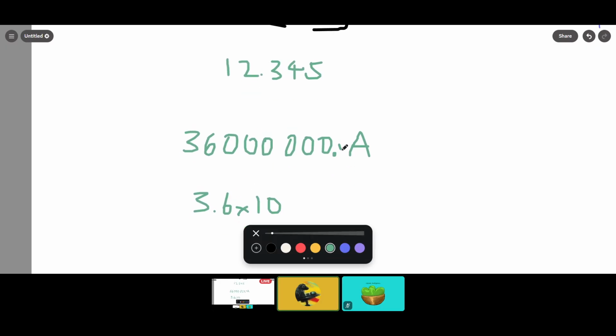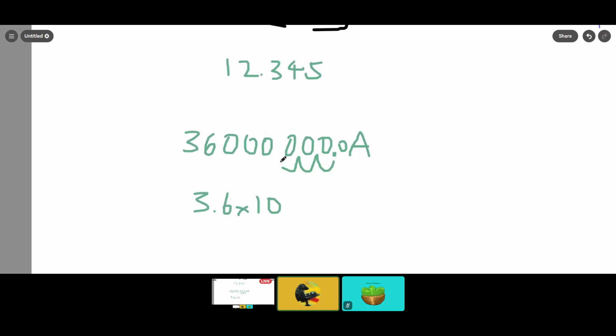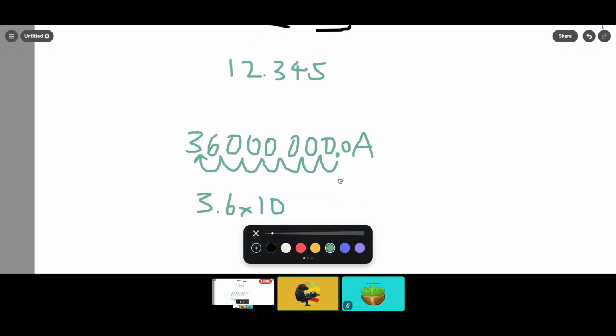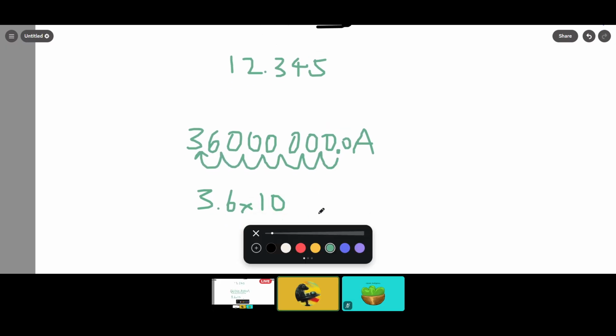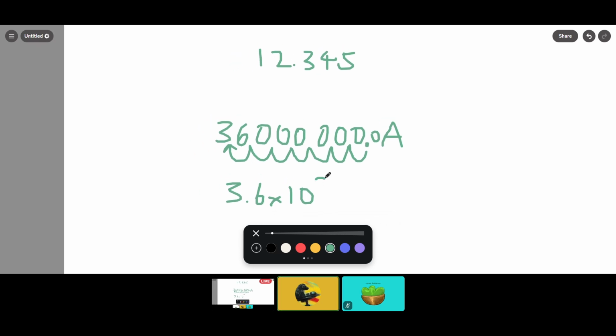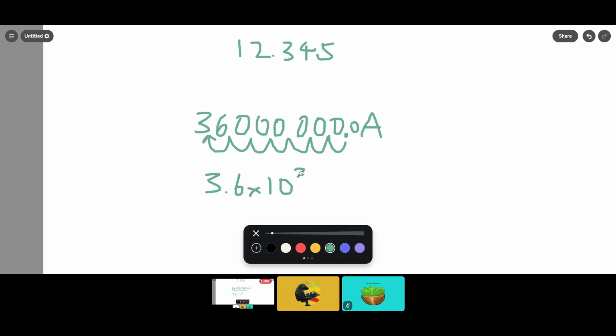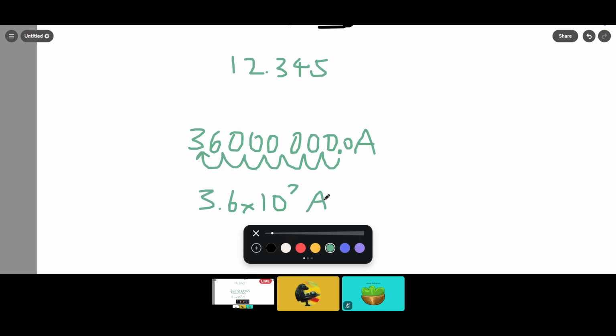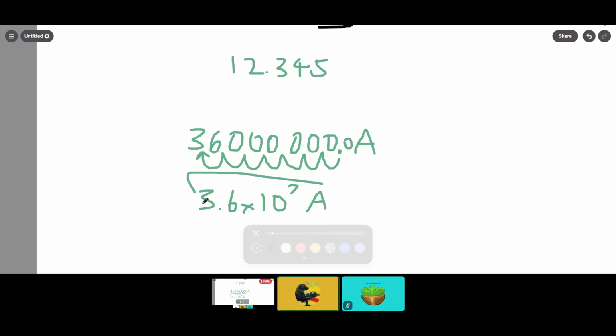The decimal is here, and I'm bringing the decimal up to this point. To put it in standard form, we count how many times it moves, which is 1 2 3 4 5 6 7. So the magnitude will be 7. So this is representing 36000000 amps, but in smaller form.